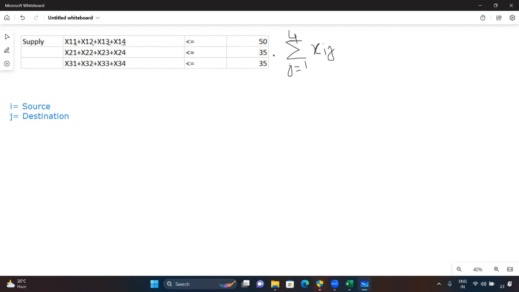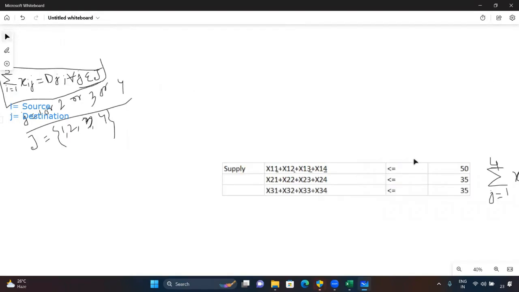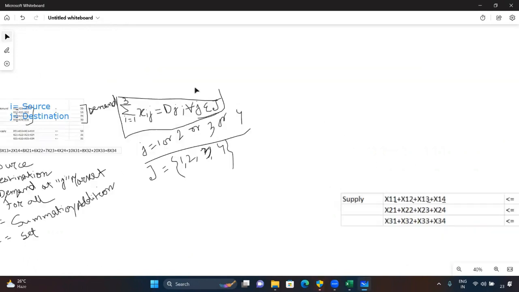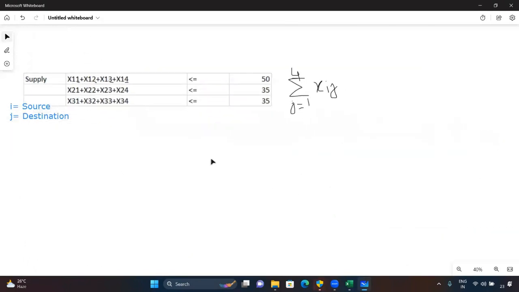Okay. So we have mentioned the same thing for the demand constraint also. You can see here xij. Okay. Then this should be less than or equal to xi.